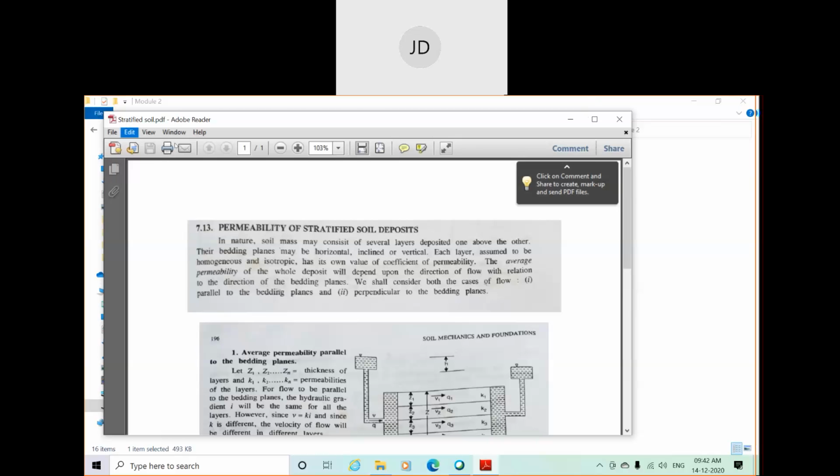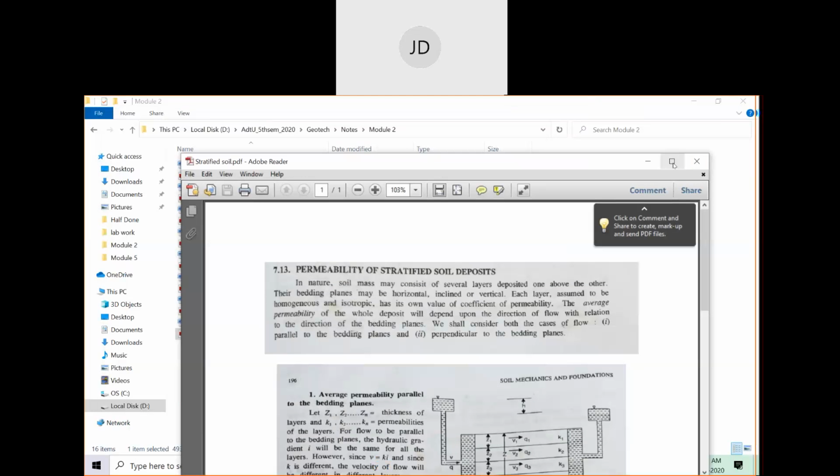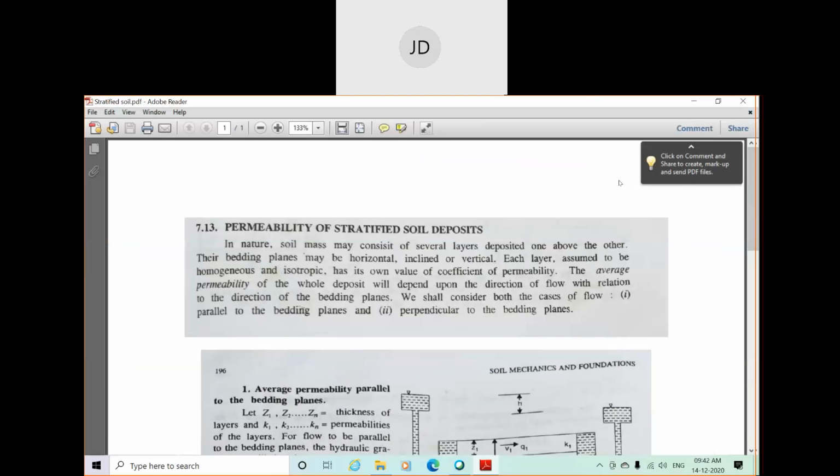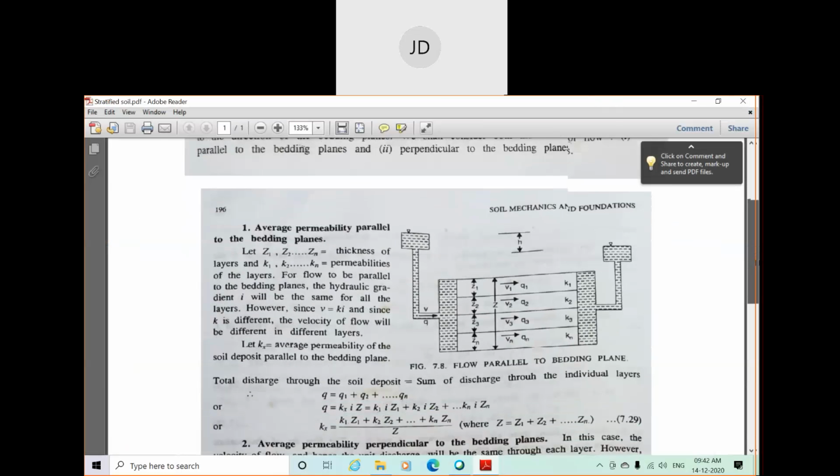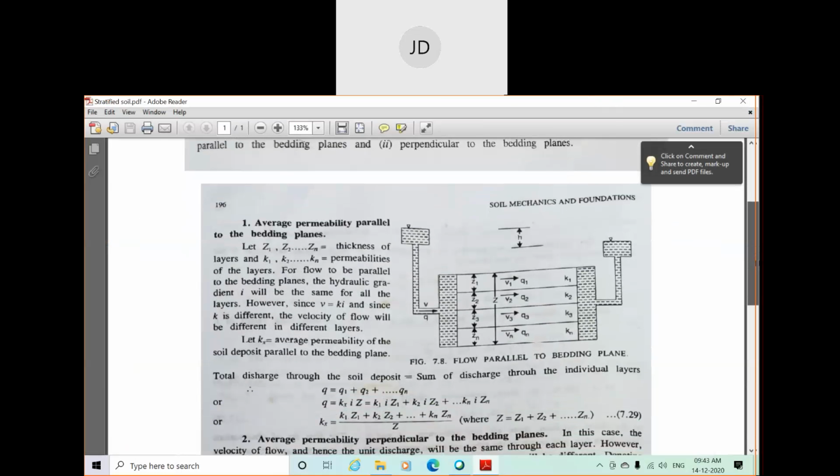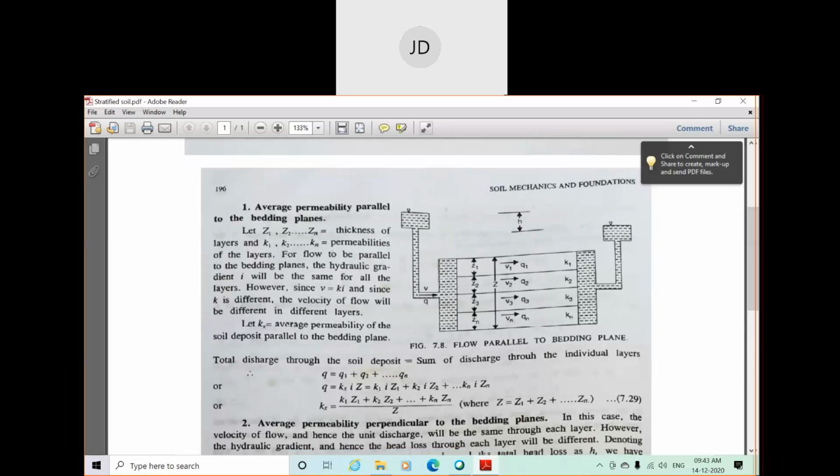We derived two relations, or equations, to find the average coefficient of permeability for stratified soil. When the flow is parallel to the bedding plane, the equation is k1 z1 plus k2 z2 plus up to kn zn, divided by the total thickness of the layers, z, where z is z1 plus z2 plus z3 up to zn.